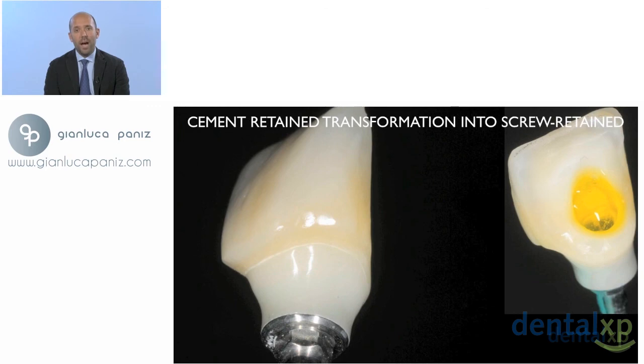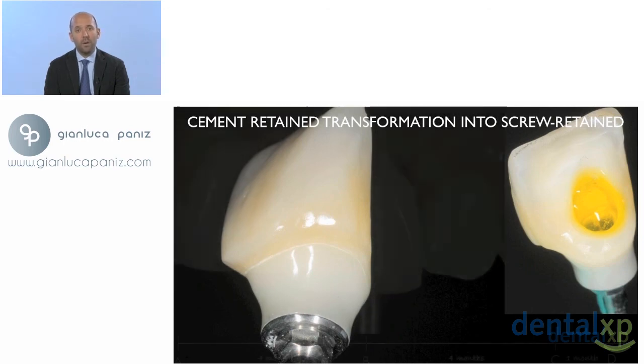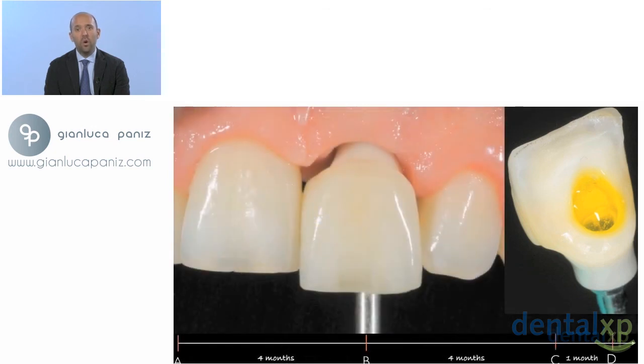We cement our restoration that has already been fabricated with the hole extraorally. We clean up, as you can see, all the cement that might remain in the interface between the abutment and the crown, and then at the end we transform our cemented type of restoration into a screw retained type of restoration, as you can see in this picture on the left side of the screen, in which we are inserting for a second time the definitive abutment, this time all in one together with the crown.